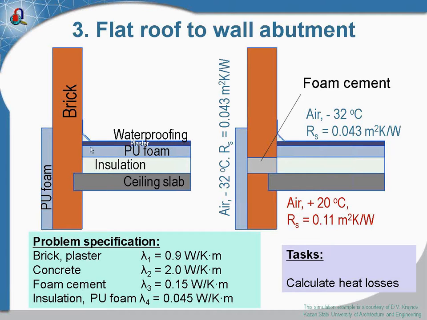And here there is a cold bridge because of the roof railing. To eliminate the bridge, it is advised to use foam cement instead of brick in this place.